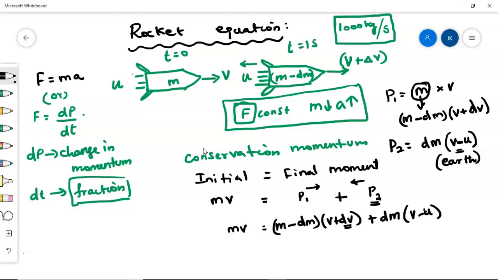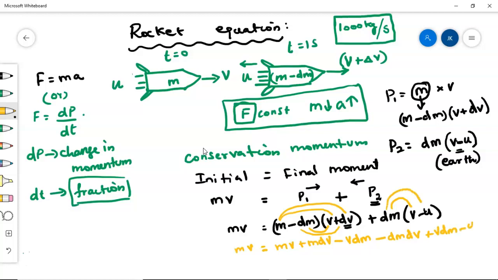Here is mv. Now I'm going to simplify this. mv, then multiply this: plus mdv, and multiply here: minus vdm, and this one minus dmdv, and multiply this: plus vdm, and multiply this: minus udm. So we can simplify, cancel these two, then the positive and negative vdm are cancelled.